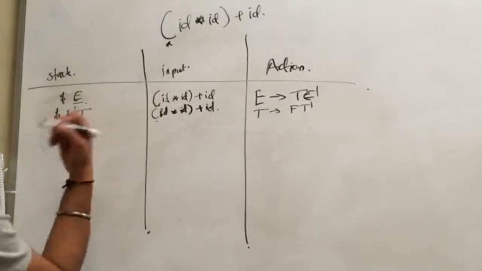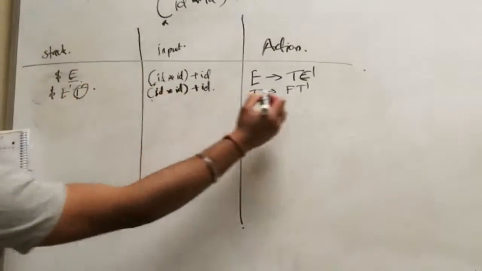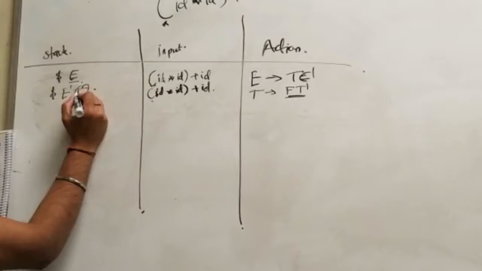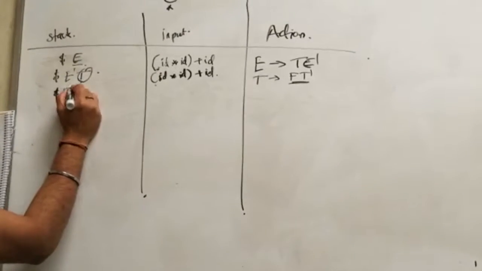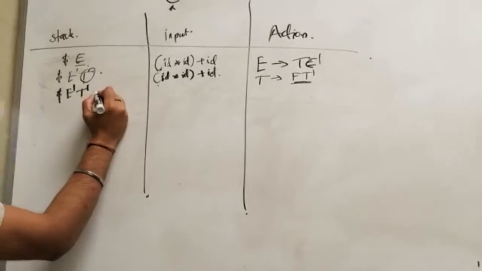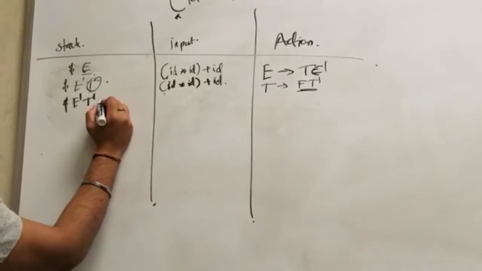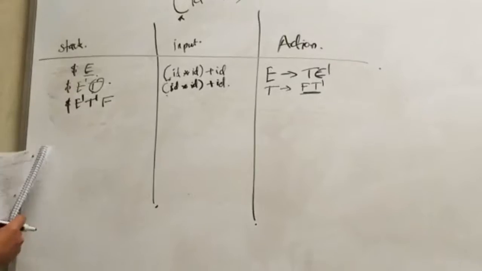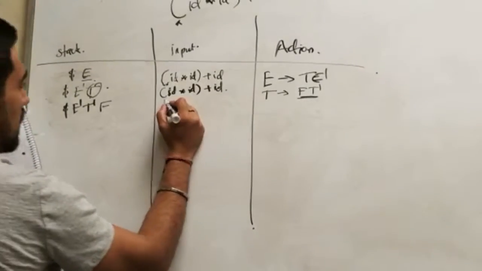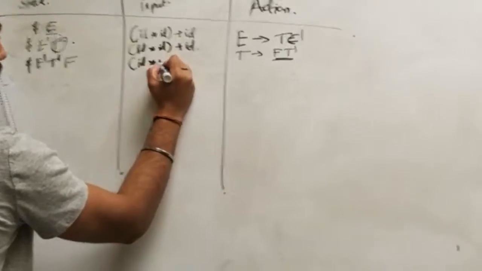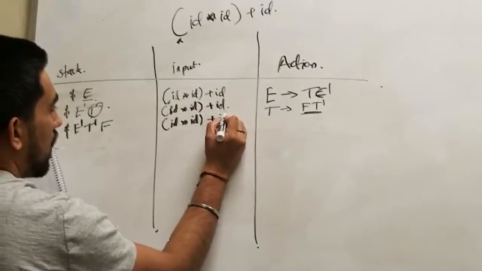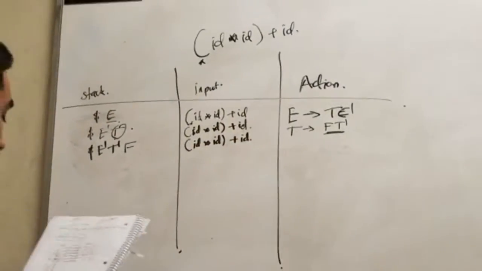We'll replace T with FT bar. The string will still be the same because we still didn't get the opening parenthesis.